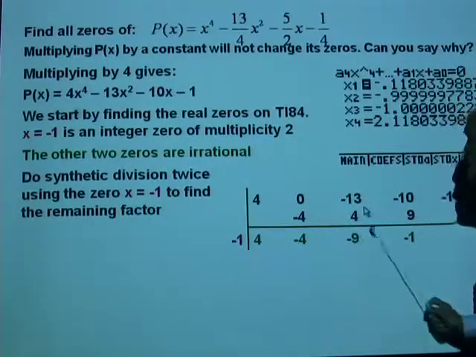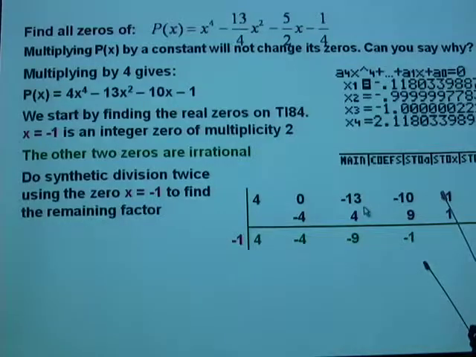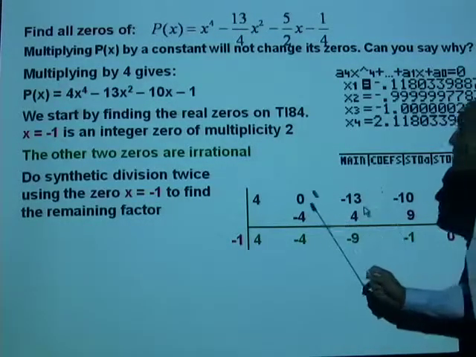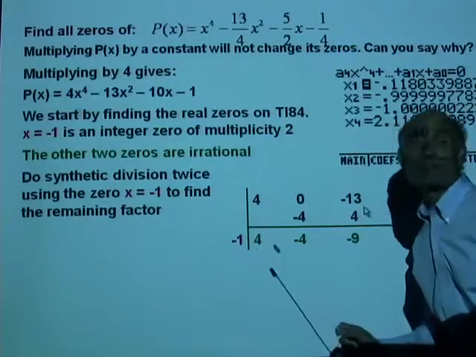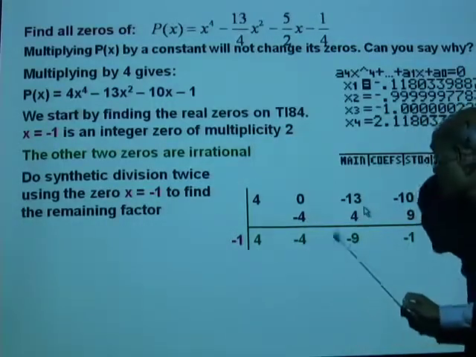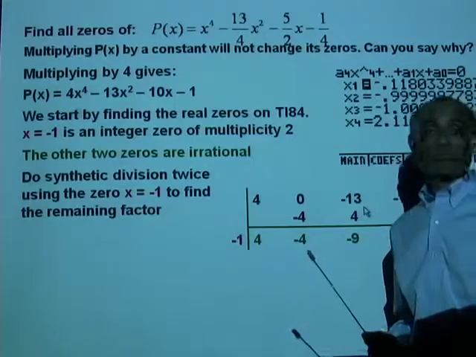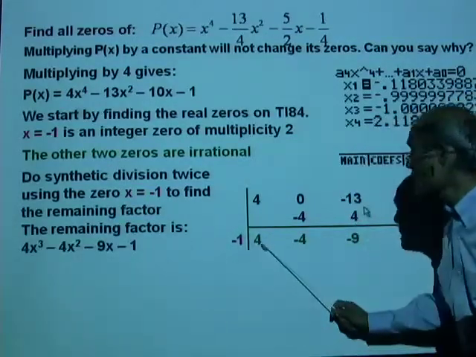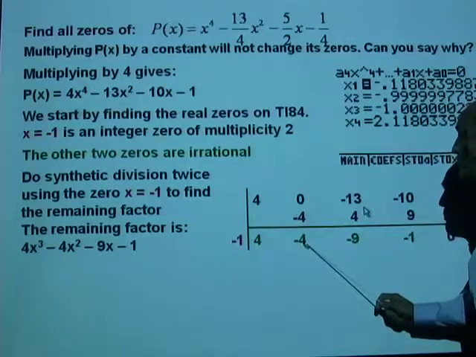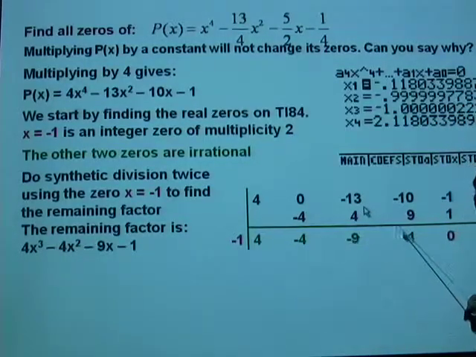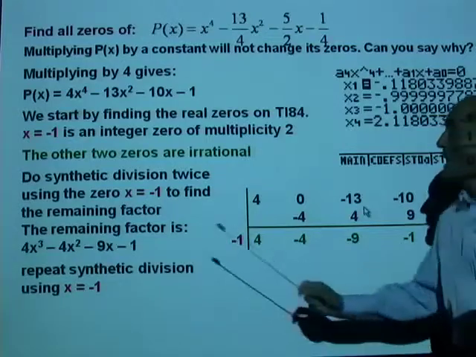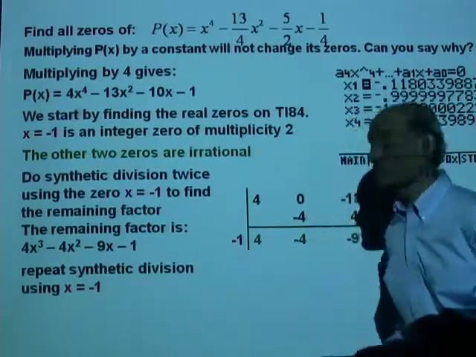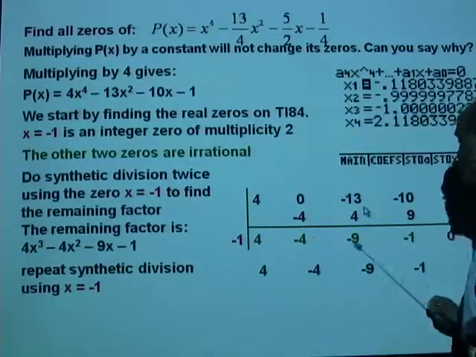Negative 1 times negative 1 is positive 1. And the remainder is 0. We need to do another synthetic division on these coefficients by negative 1. The remaining factor is 4x cubed minus 4x squared minus 9x minus 1. And we repeat the synthetic division on these coefficients.